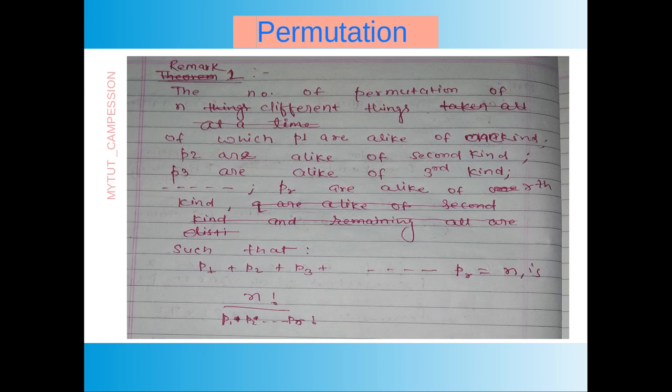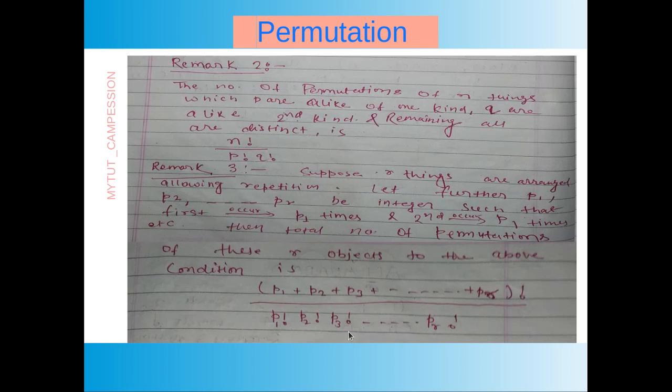Now remark: the number of permutations of n different things of which p1 are alike of one kind, p2 alike of a second kind, p3 alike of a third kind, and pr alike of the rth kind, such that p1 plus p2 plus p3 plus up to pr equals n, is n factorial divided by p1 factorial into p2 factorial into pr factorial.